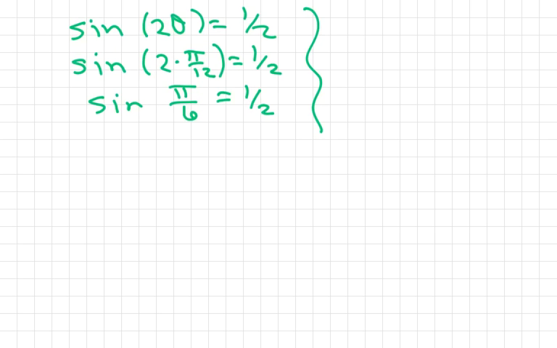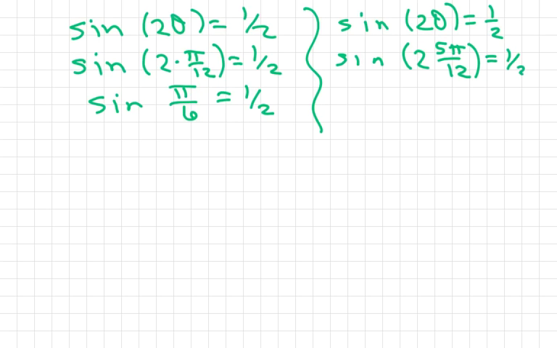Similarly, you can do it with the other angle we found, which is 5 pi over 12. If you multiply 2 times 5 pi over 12, you're going to get sine of 5 pi over 6, because 2 goes into 6 three times, equals 1/2, which we already know.